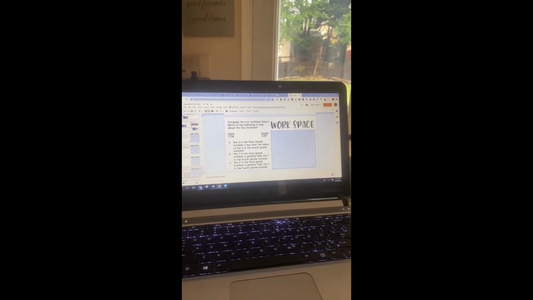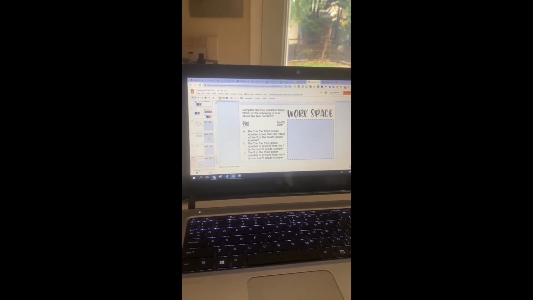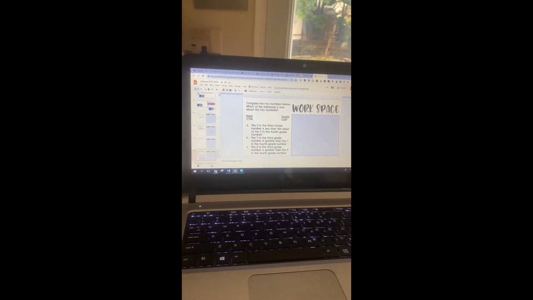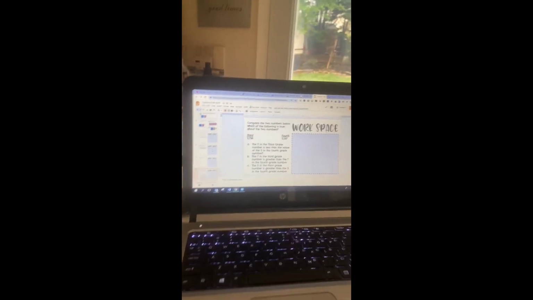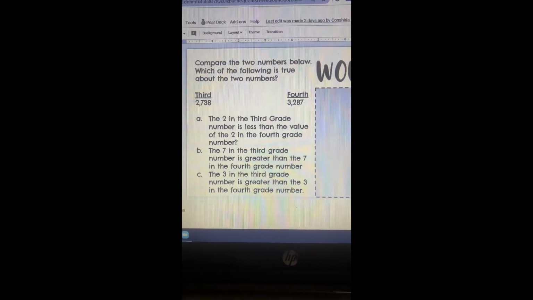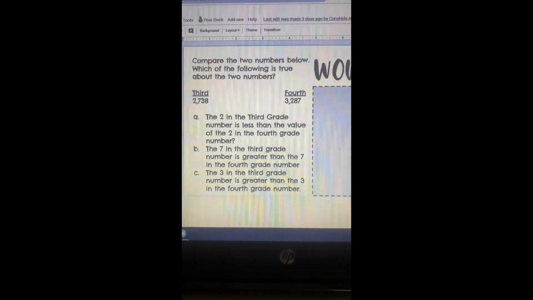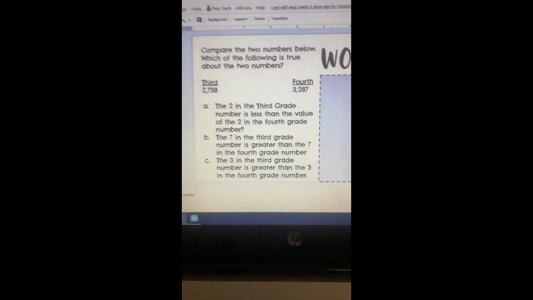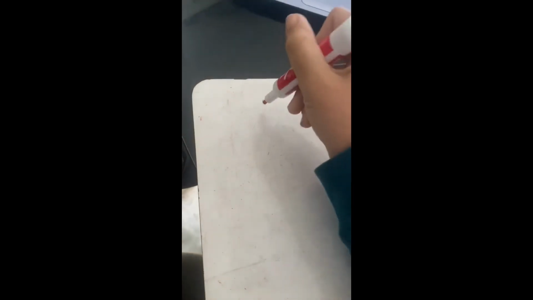Here's a problem that is a little bit easier than what you are going to see in 4th grade, but similar. All right, this is a little bit easier though. So I want you to compare the 2 numbers below. Which of the following is true about the 2 numbers? So I'm gonna just make a chart.